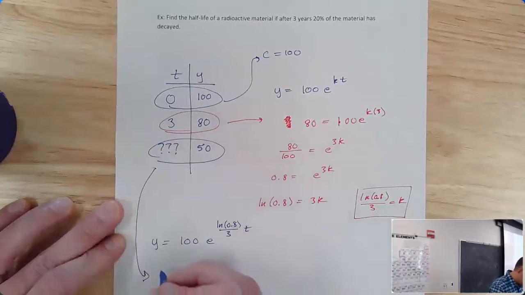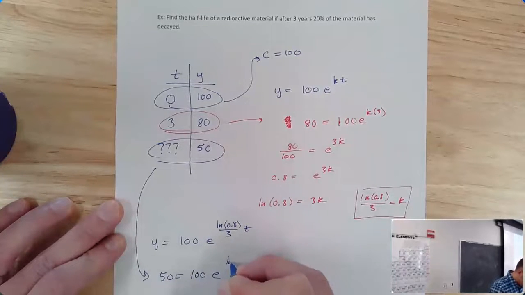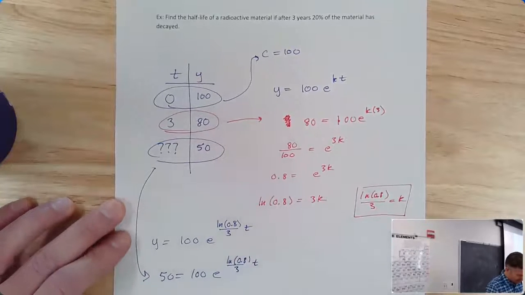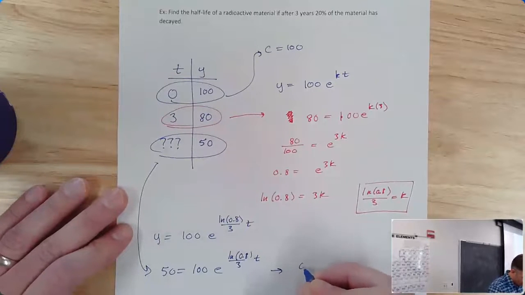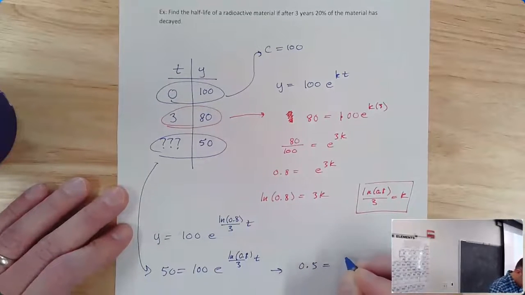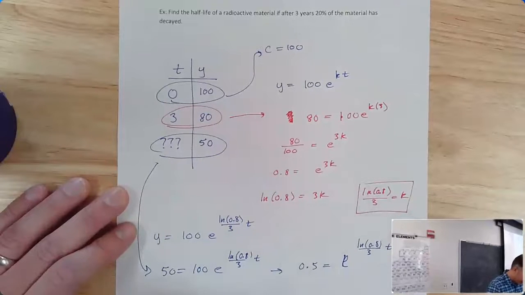So plugging this in, we're setting y equal to 50 equal to 100 e to the natural log of 0.8 over 3 times t. Divide both sides by 100. So we get 50 over 100, which is 1/2 or 0.5, whichever you like, equals e to the natural log of 0.8 over 3 times t. Then we take the natural log of both sides.